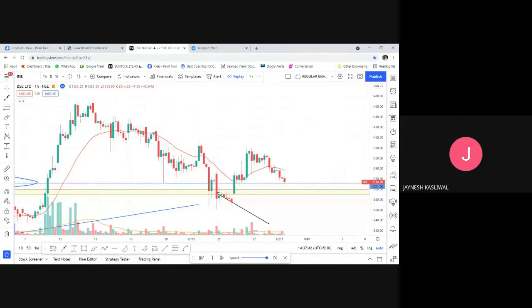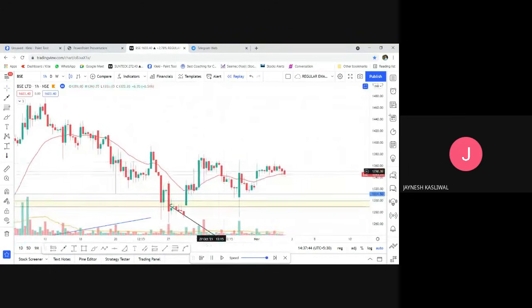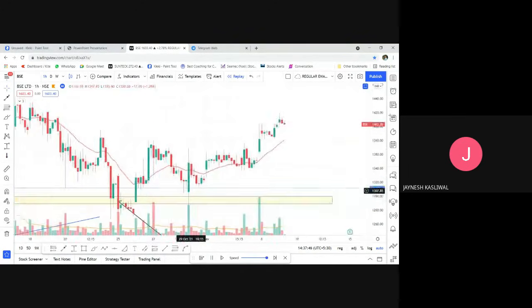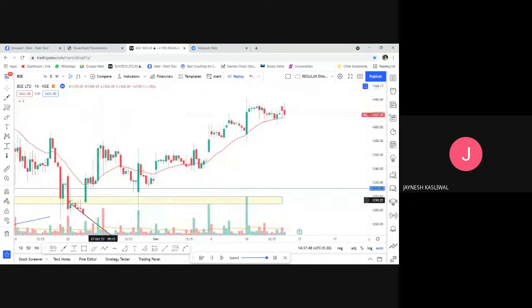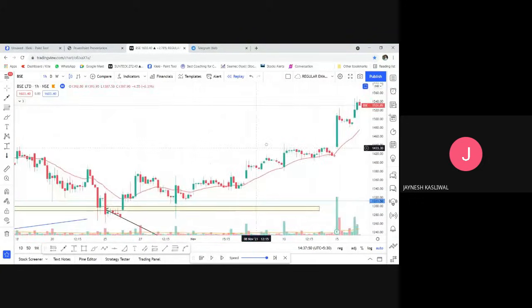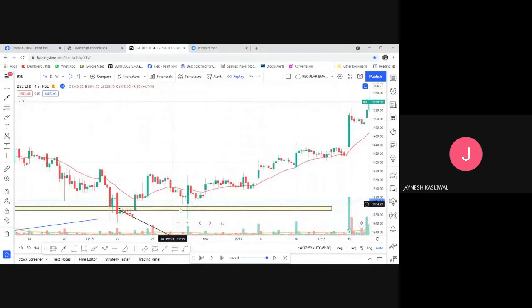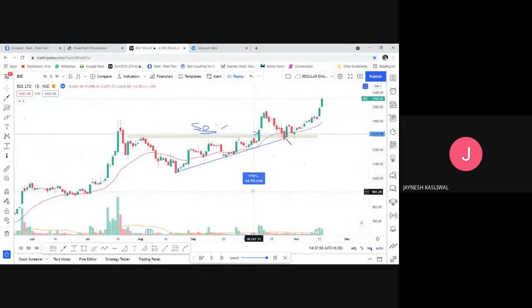The retest has happened here. We have got two retests, and then we have added around 30% quantity in this retest, and we still have 20% left. Okay, so that is not an issue.